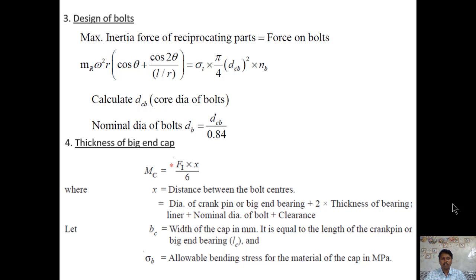Now, taking an average of the two, we get the maximum bending moment on the big end cap as Fi x by 6, where x is the distance between the bolt centers, and Fi is the inertial force, because that is what acts on the big end cap.